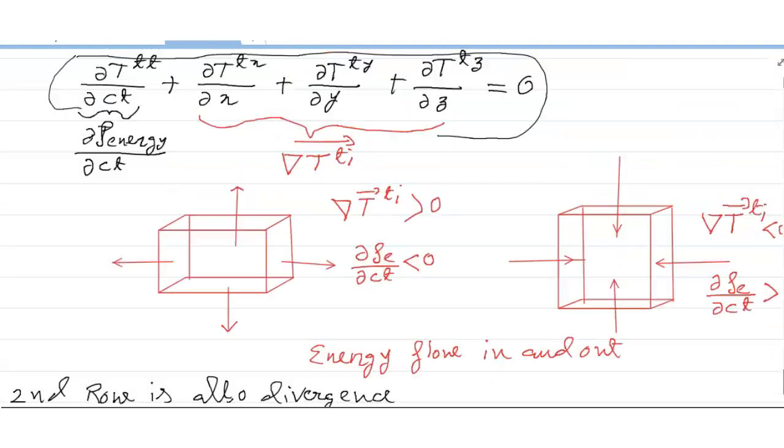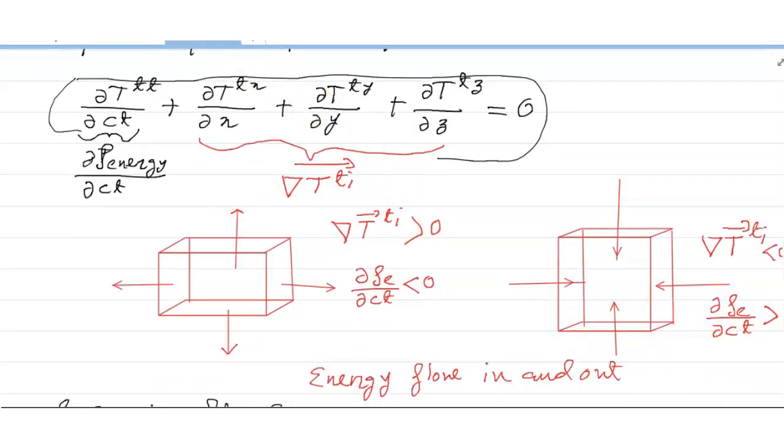And if you remove this portion, you will see the same way in the case of T^{xi}, when energy is flowing out of a box, then del T^{xi} is greater than 0, the divergence portion is greater than 0, and the box is del ct, del y, and del z.